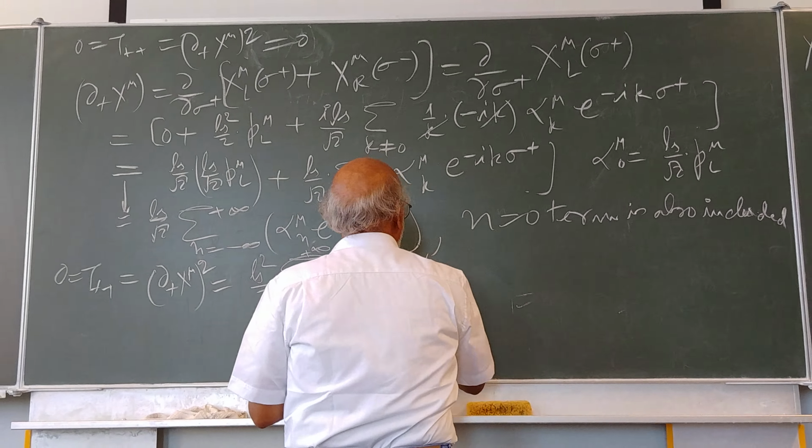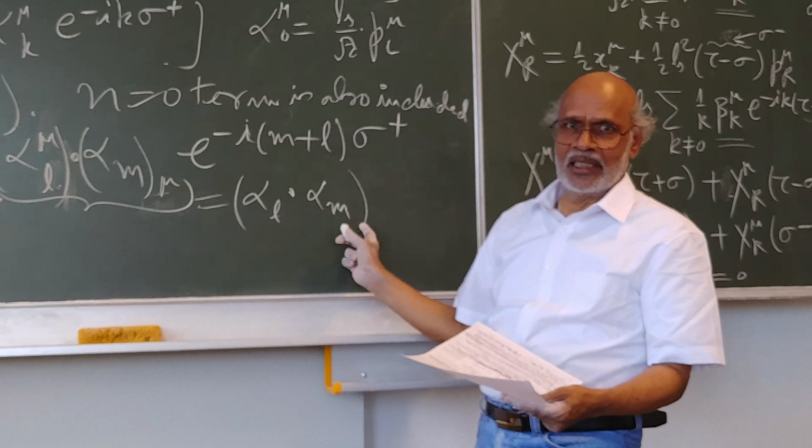And this is what you can usually write as alpha, what have I done? Alpha mu, oh, this is L, alpha mu L. So I can write alpha L dot alpha M. So it's a scalar product of these two. One mu is upstairs here, one mu is downstairs here. So it's a scalar product of these two mu vectors.